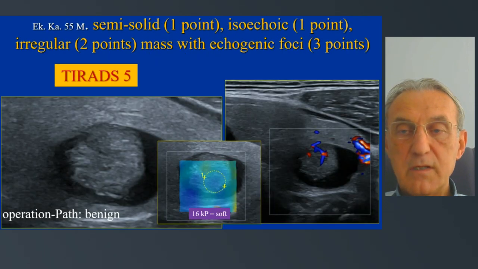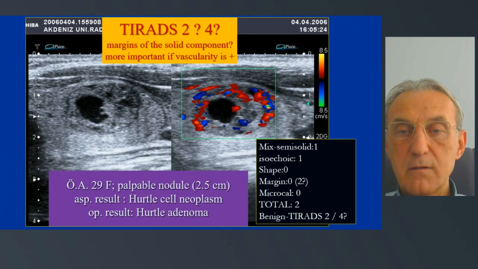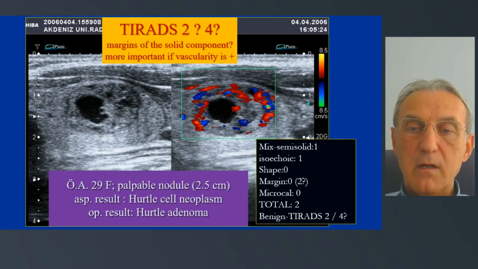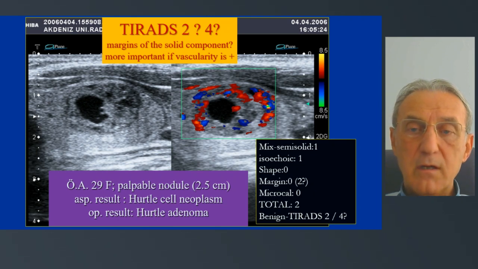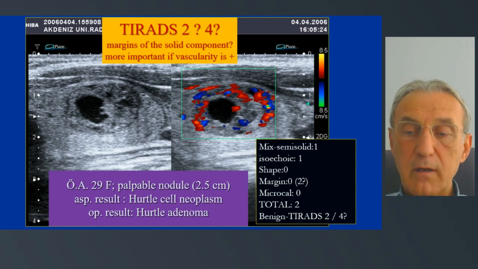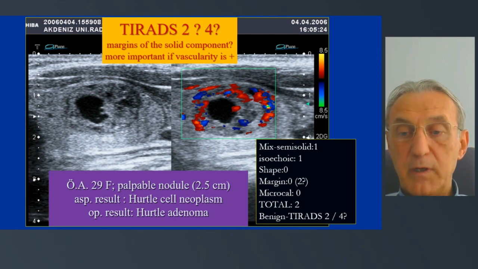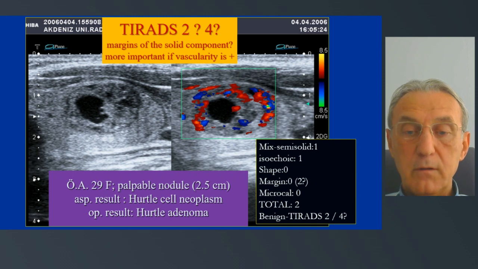It is very similar to the previous case. This is another similar case, quite an old case from 2006. We can say that there is a cystic component and the solid component has vascularity, and this resulted with a pathology of Hurthle adenoma.